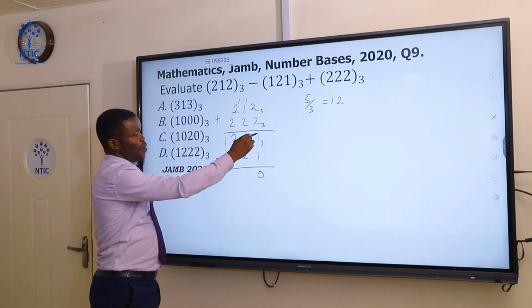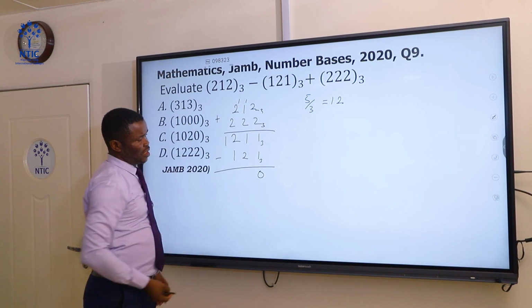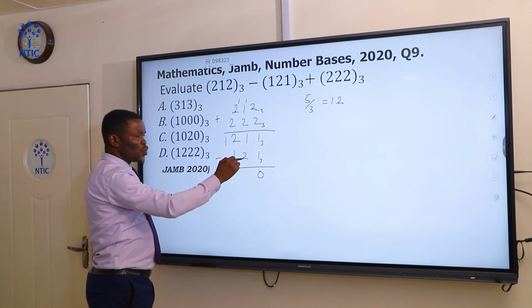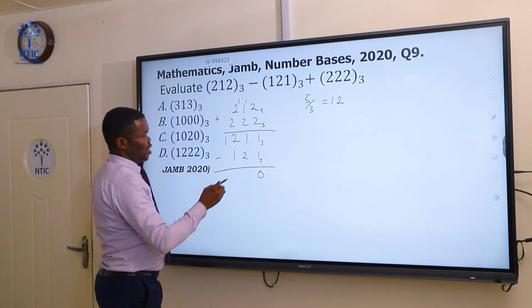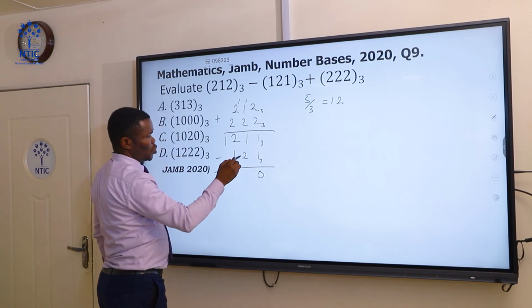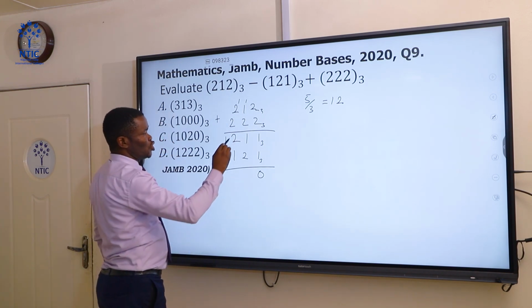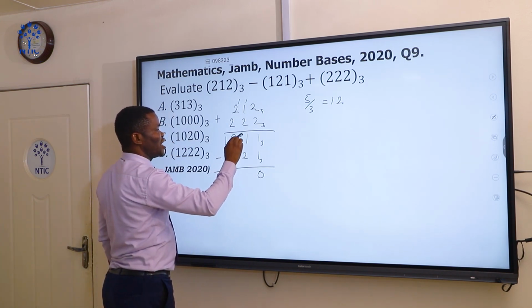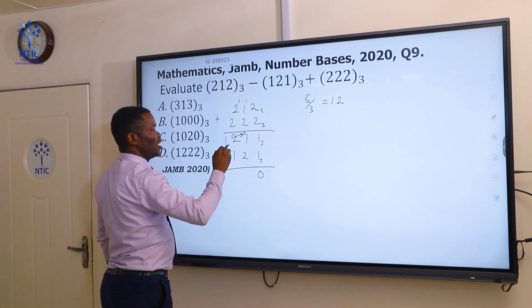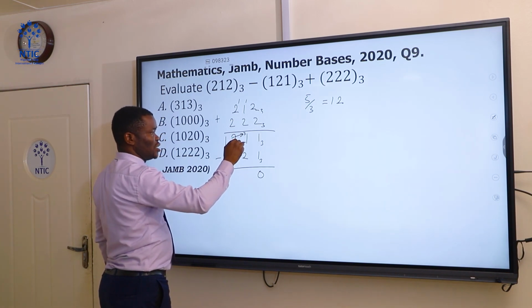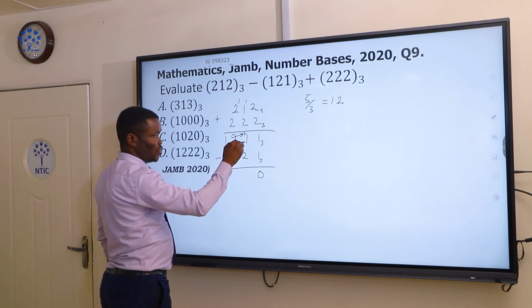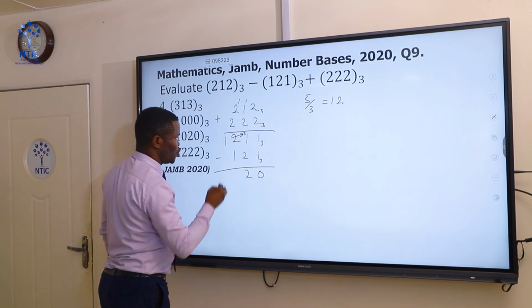Then after which, we can now subtract 1, 2, 1. So 1 minus 1 in base 3 is 0. 1 minus 2: 1 cannot subtract 2. So you take a bundle of 3 from here and add it to this. So it's going to be 3 plus 1. That's 4. 4 minus 2 is going to give you 2.